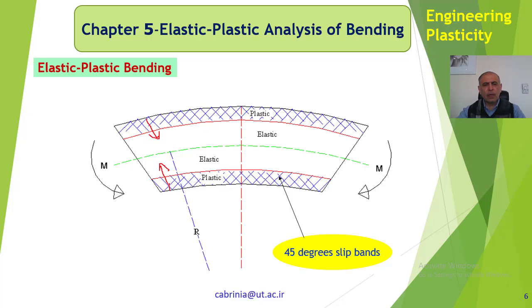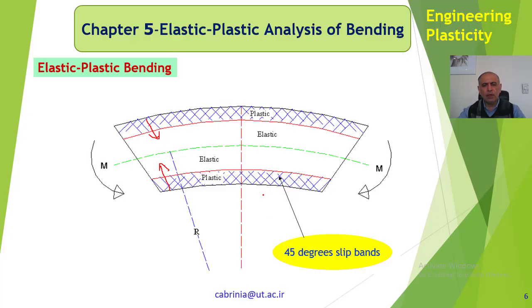So this is what happens to the plastic part. At the beginning of the yielding, incipient yielding, only the outermost fibers were yielded, but now it flows inward. In fact, the plastic region of the material progresses inward like this.